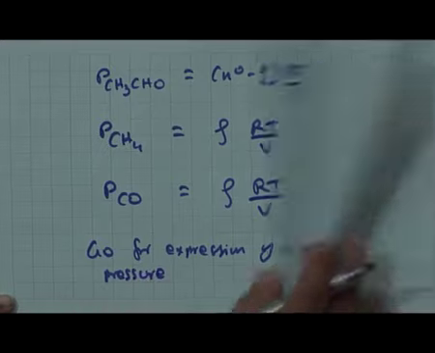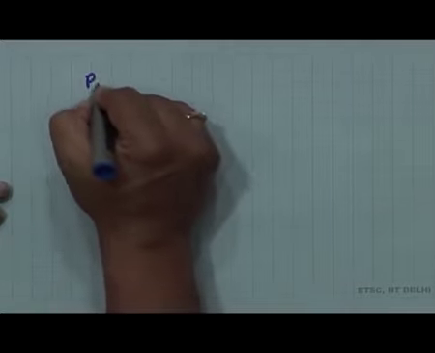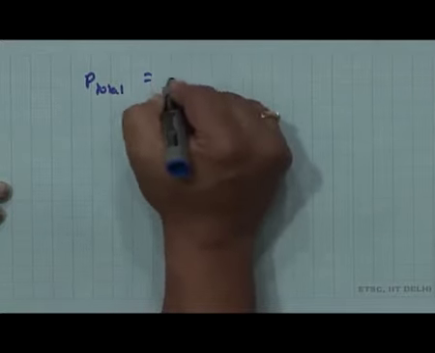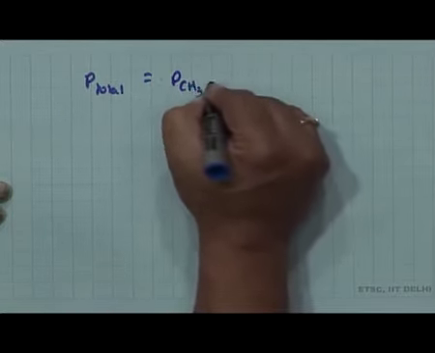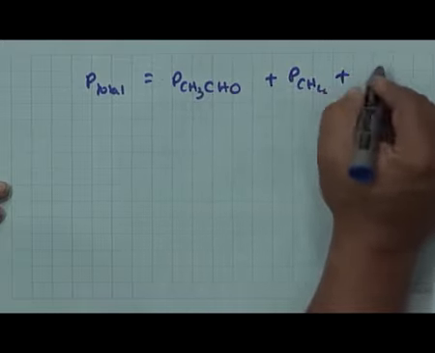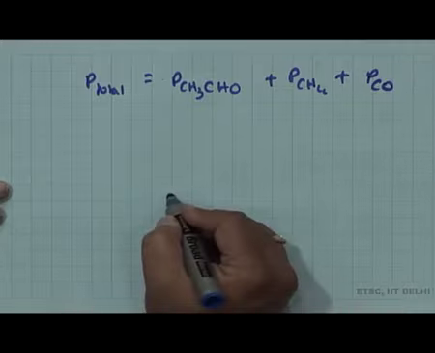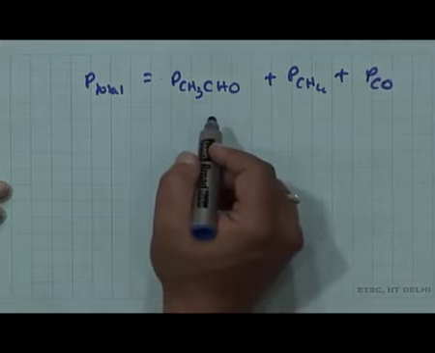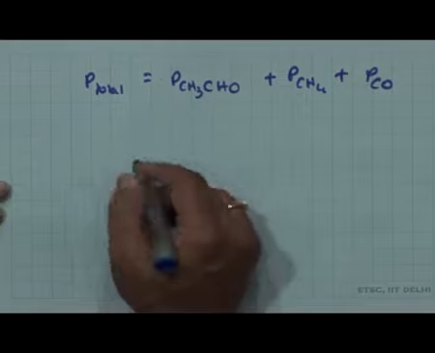Now, having written this, we can go for the expression of the total pressure. How do I write that? Remember the total pressure P total is equal to P CH3CHO plus P CH4 plus P CO, the sum of all the components present in the reaction.